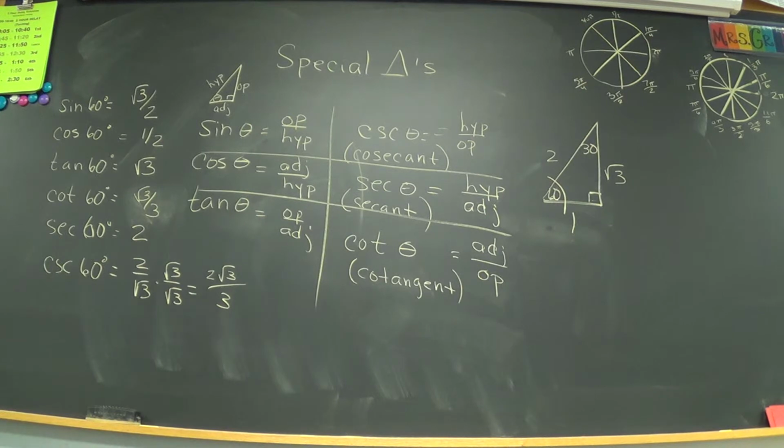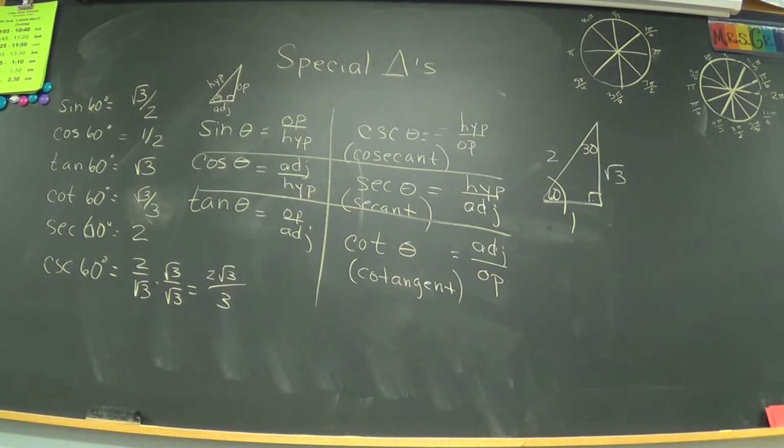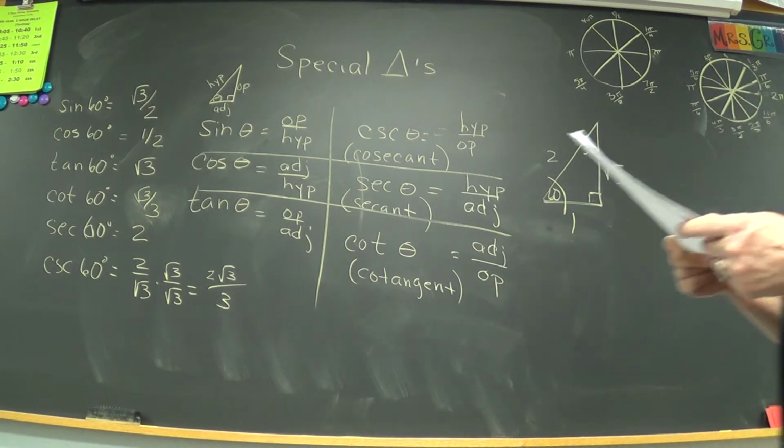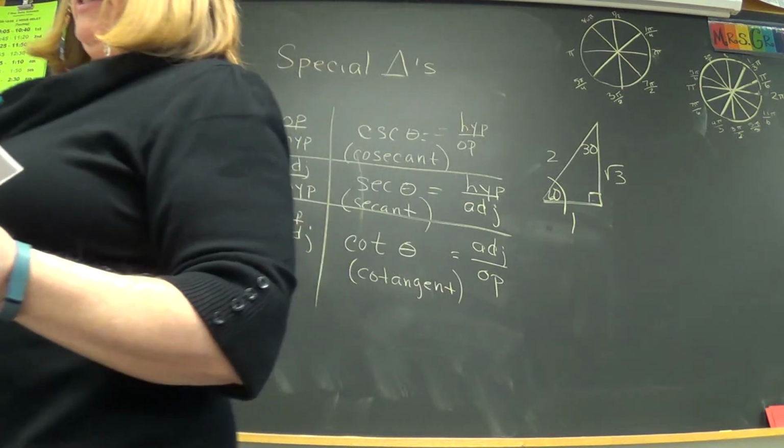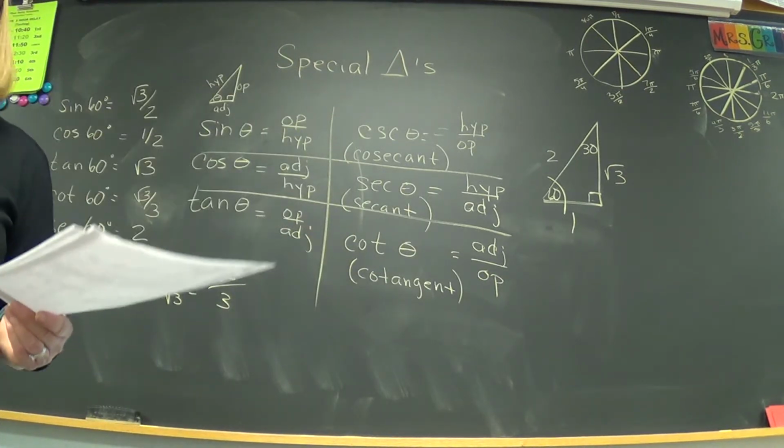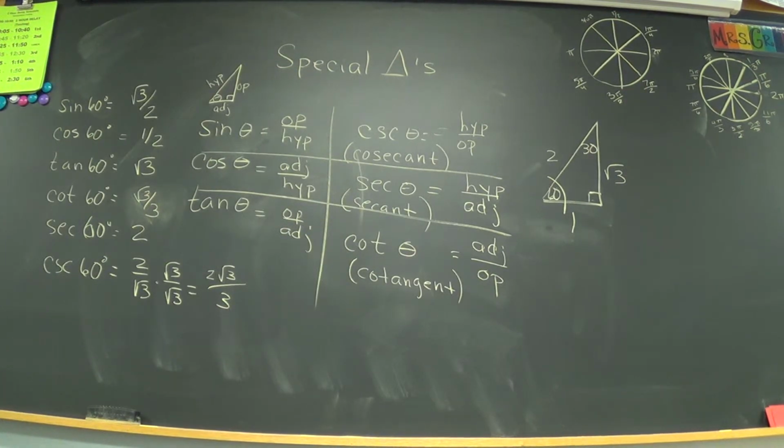And then in addition, we're going to work on this page. It is a chart. Do you see the chart? It's number 17 through 26 on the 4.3 page. You're not assigned to all of those. But on that chart, using our special triangles, we're going to do just the ones that we can do.